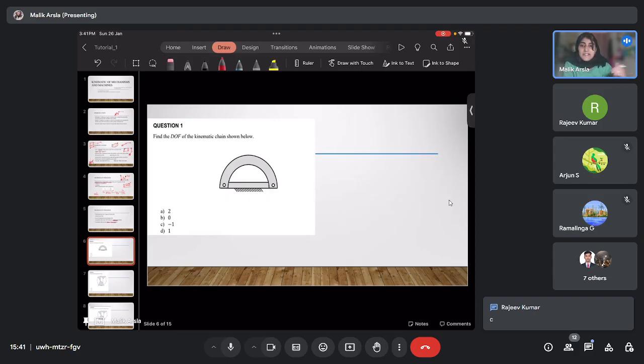So can anyone explain how you got that? Yes, ma'am. In this case, number of links is 2, joints is 2, and Fi is 2. So, as I said, firstly you have to identify that it is a planar mechanism.